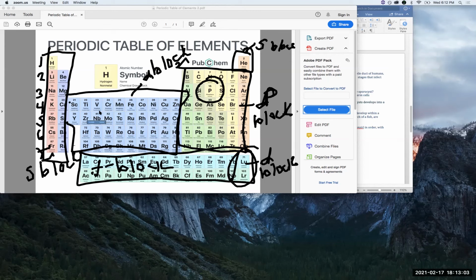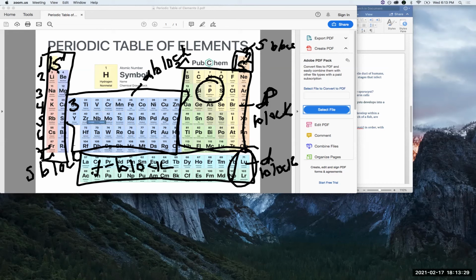So here, to find the electron configuration of phosphorus, we start off with our 1s1. Remember, 1 being that first row, S being that S block, and 1 being that first electron in that block. And then we have helium, which is again our first row, and it's still the S block, but it's our second one.